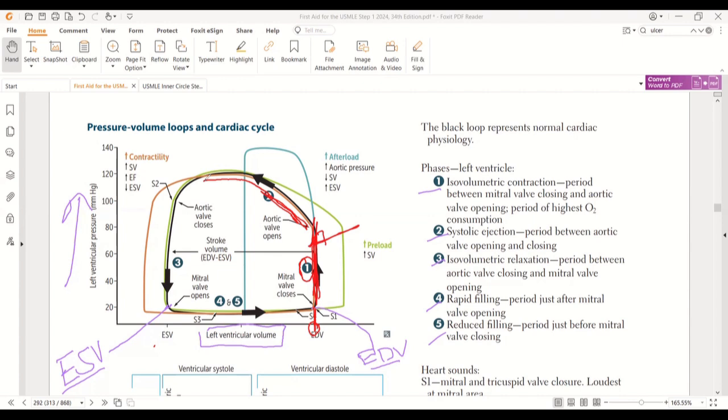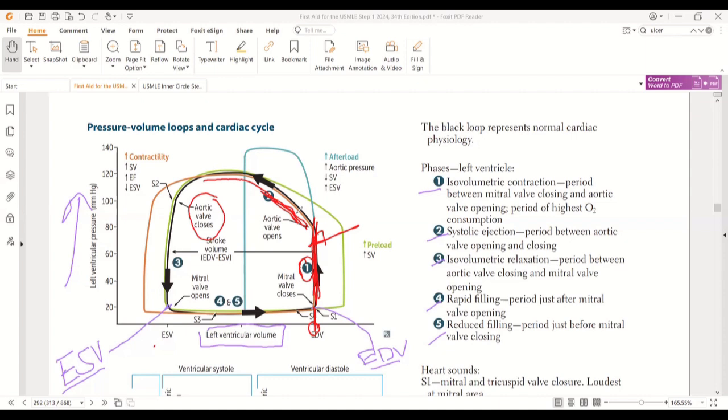So what happens when the ventricle pressure is decreased as compared to the aortic pressure? I'm asking, when ventricle pressure is decreased from the aortic pressure, there is closure of the aortic valve, right?